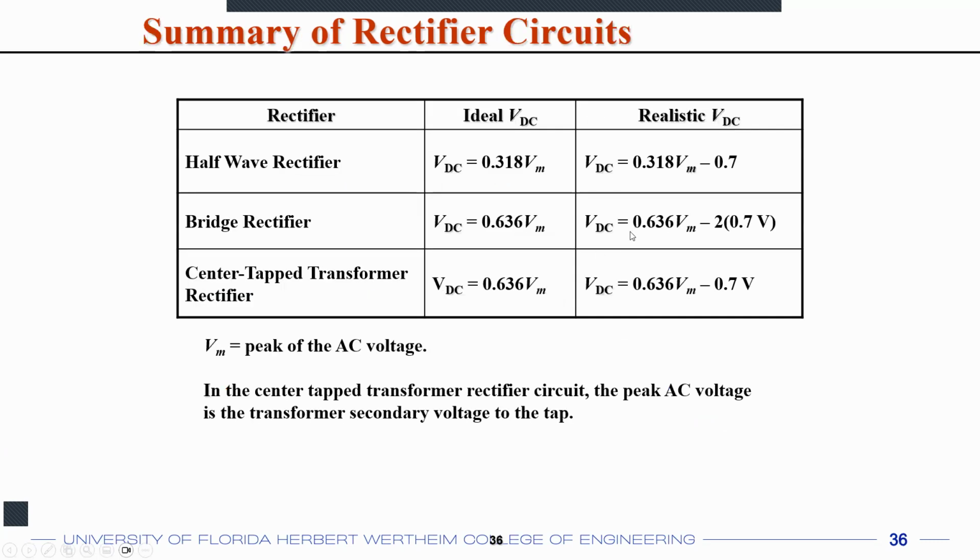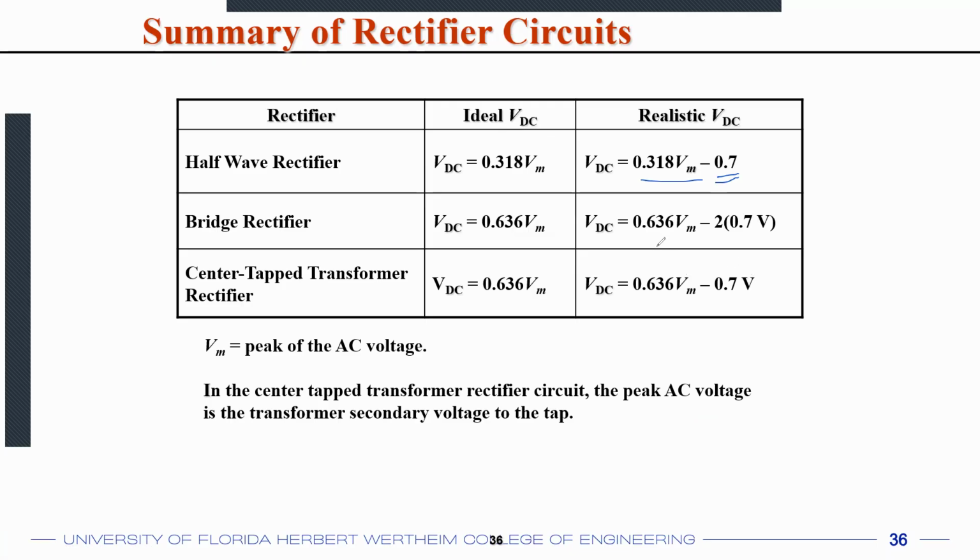All right. So this is basically the summary of those rectifier circuits. For the half wave rectifier, you have 0.318 times Vm, or Vm divided by pi, as your ideal VDC. Realistic VDC will be 0.7 volt lower for the half wave rectifier, where you have one diode drop.